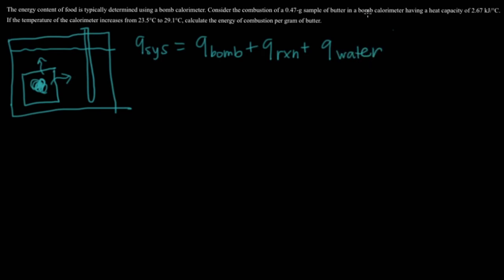In other words, the energy gained by the water, the energy released by the reaction, and the energy of the bomb is equal to our energy of the system. And our energy of the system is usually equal to 0, so we just assume it equals 0. So in most cases, we can just say that Q reaction equals negative Q bomb plus Q water.